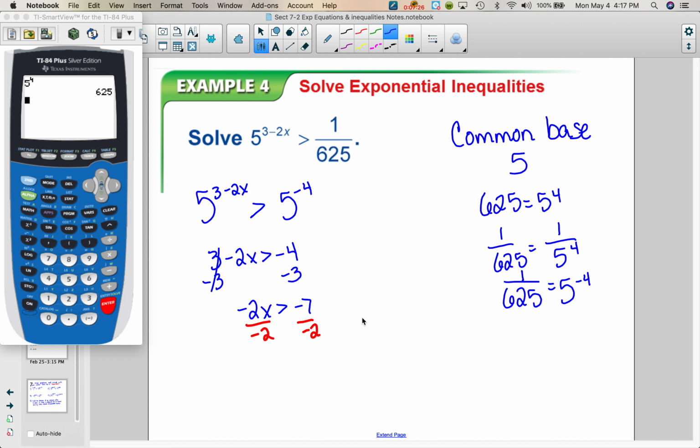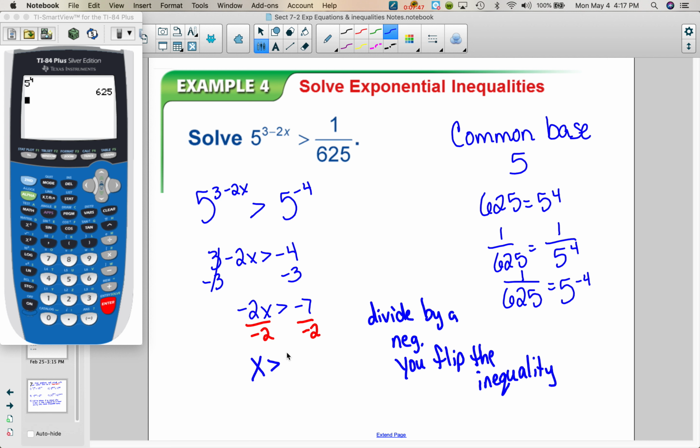When you divide by a negative, remember that you flip the inequality. That's true if you multiply or divide by a negative. The inequality flips, so this becomes x is greater than a positive 7/2, and that would be my answer.